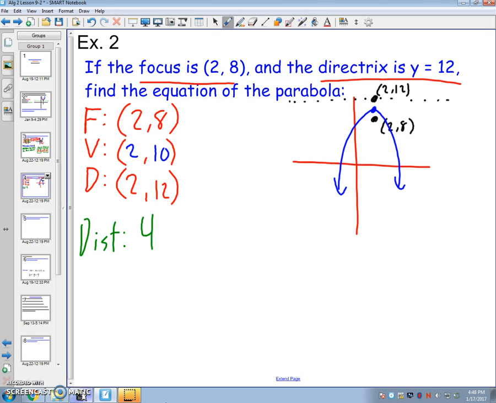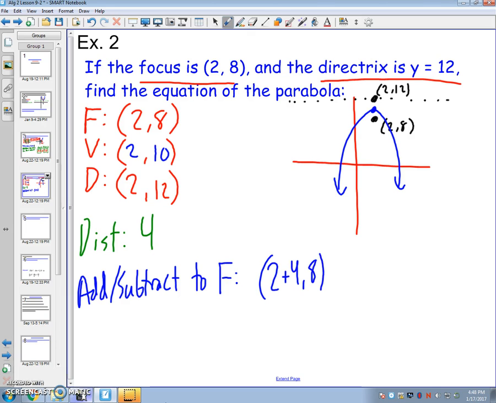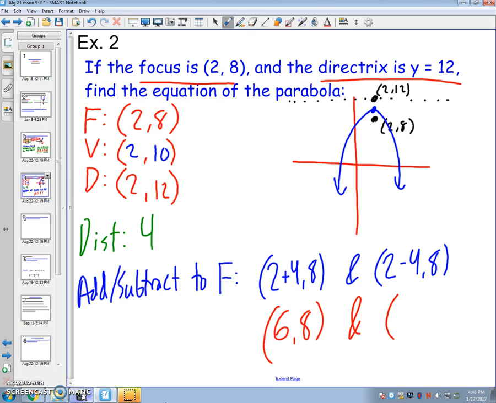Then last, you add and subtract that to F. So I'm going to do 2 plus 4, comma 8, and 2 minus 4, comma 8. That gives me 6, comma 8, and negative 2, comma 8.